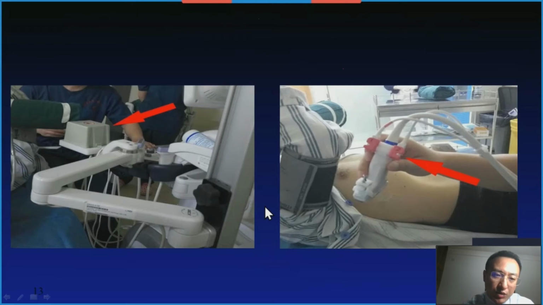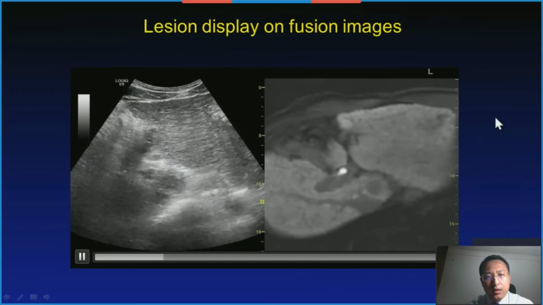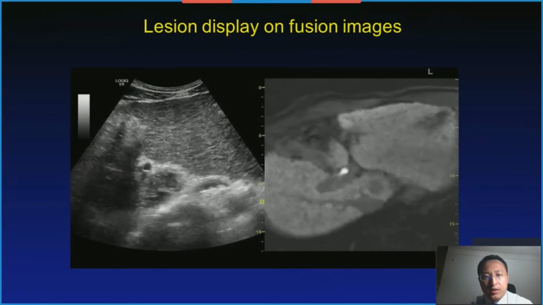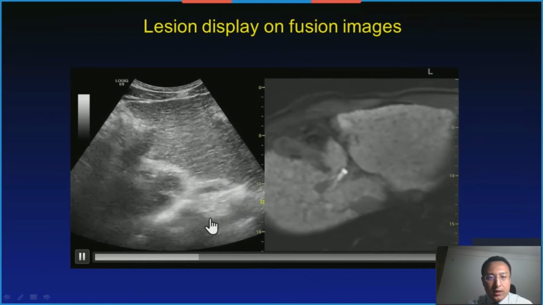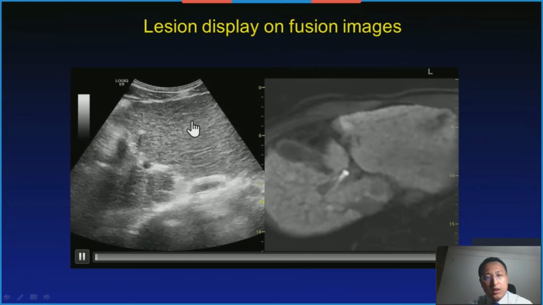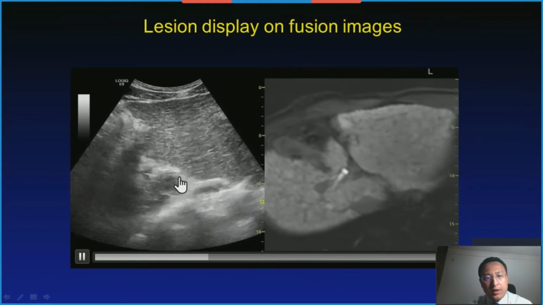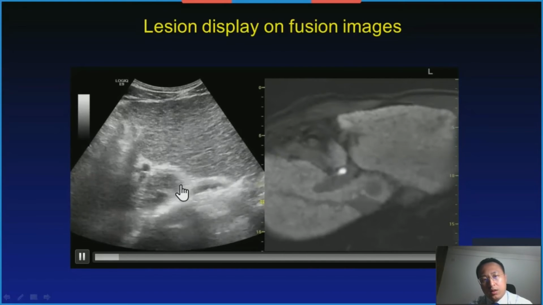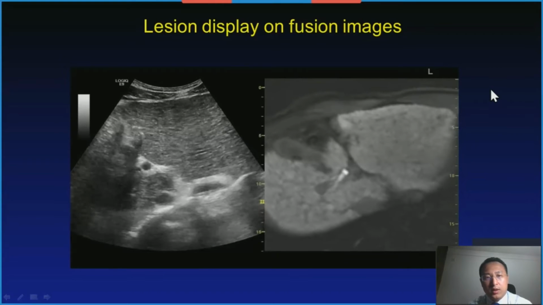And we use GE ultrasound and magnetic navigation system. This is the lesion displayed on fusion images. We can see the lesion through the left lobe clearly shown on ultrasound. It's a hypoechoic lesion.